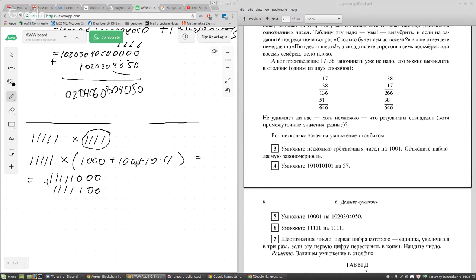Then multiplying by 10 says attach only 1 zero at the end. So 0, 1, 2, 3, 4, 5. And then multiplying by 1 is just these 5 ones here. No zero at the end. So 1, 1, 1, 1, 1.